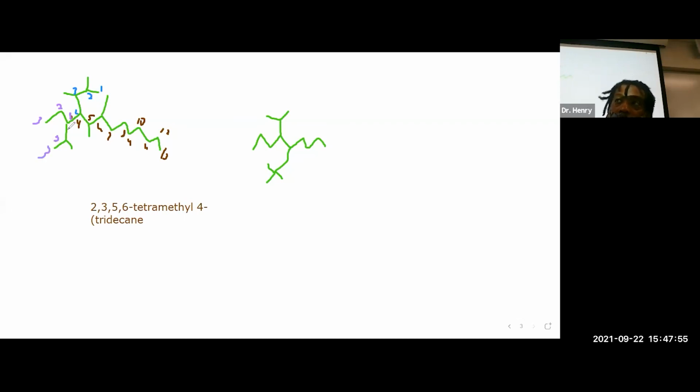Okay, which one would have the most side chains? Or would they have the same amount of side chains? So if this is 1, 2, 3, or 1, 2, 3. How many side chains would this guy have? If this was 1, 2, 3, we're talking about the side chain of the side chain. How many side chains would it have? 1.